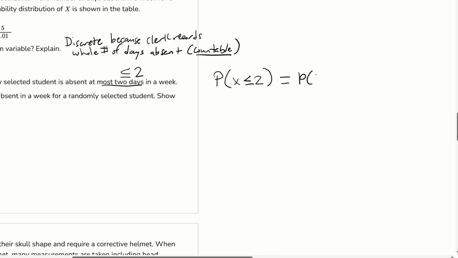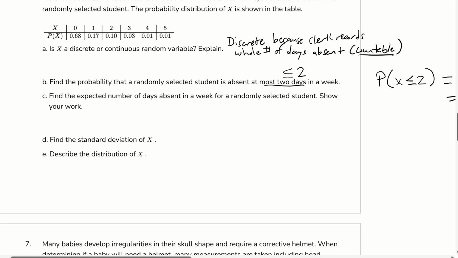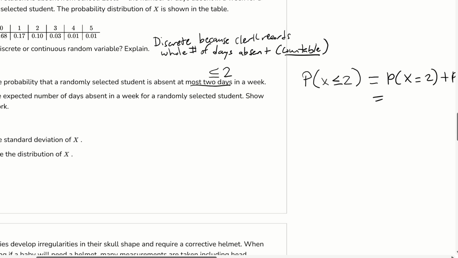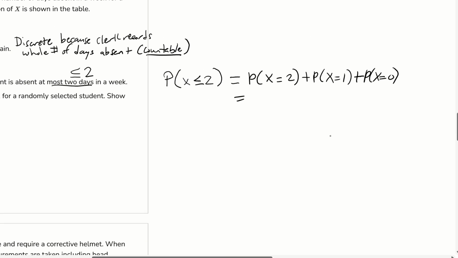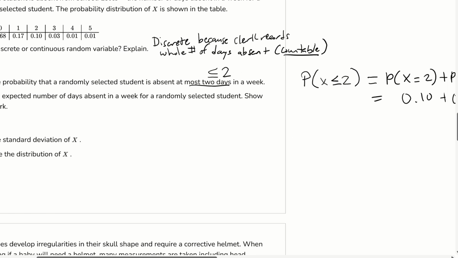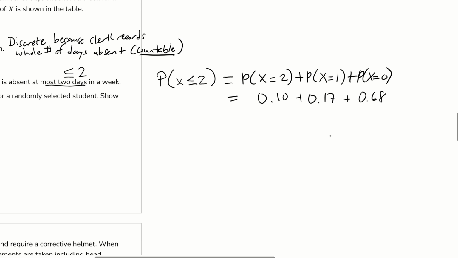That means it could be equal to 2, it could be equal to 1, or it could be equal to 0. And so we just add those together. 2, 1, 0. So 68, 17, and 10. All right, those are the probabilities from the table. Okay, and we add those together and we get 95%.